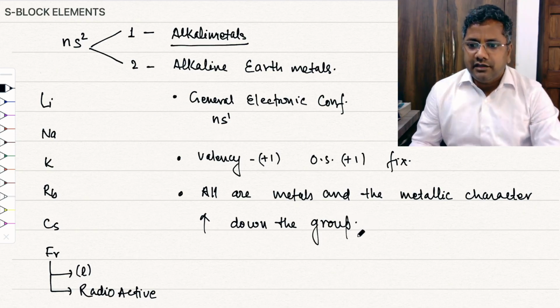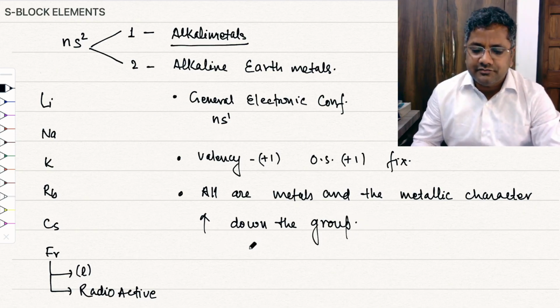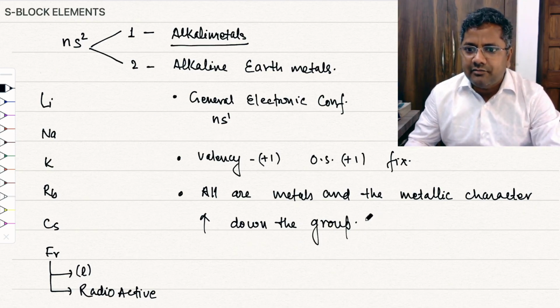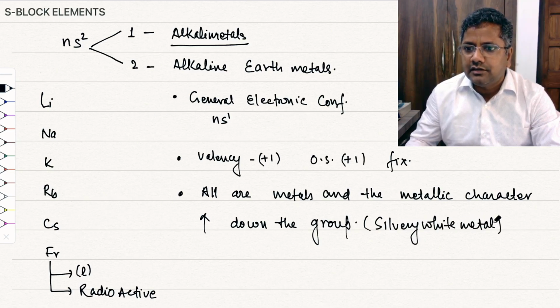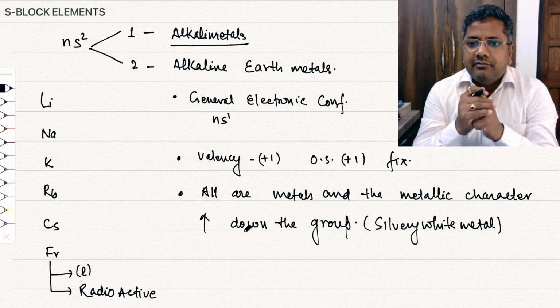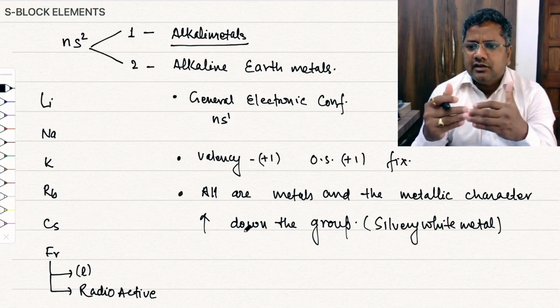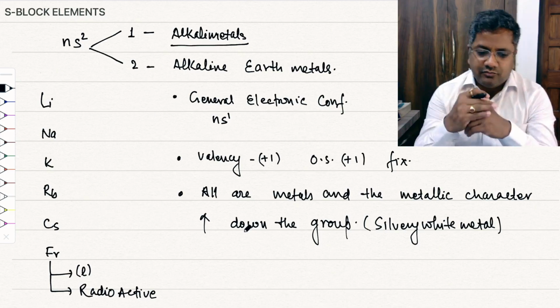Metallic character increases down the group, right? And silvery white metal. So all are silvery white metal, and the metallic character increases down the group, right?